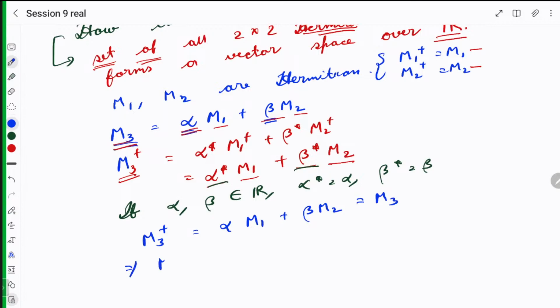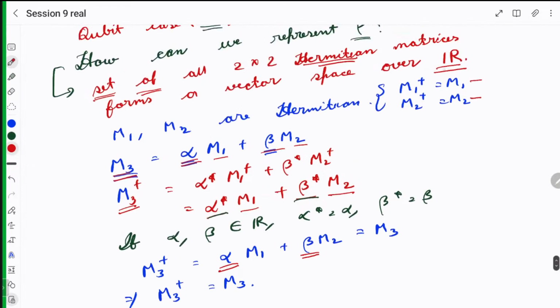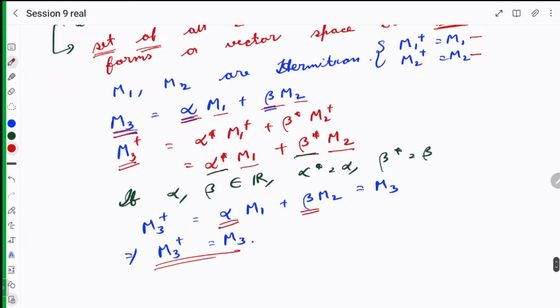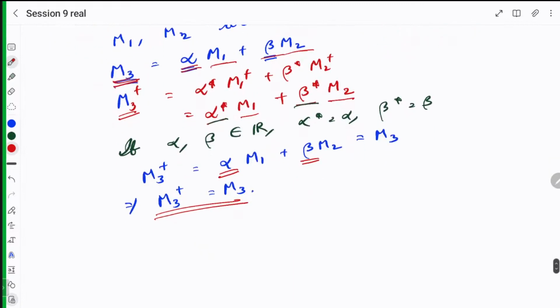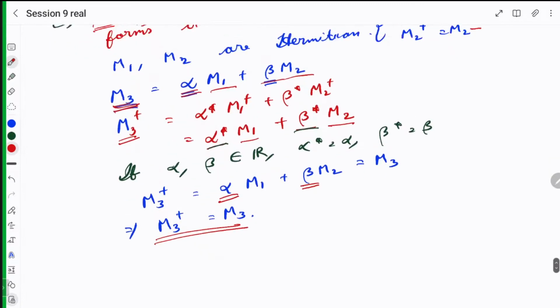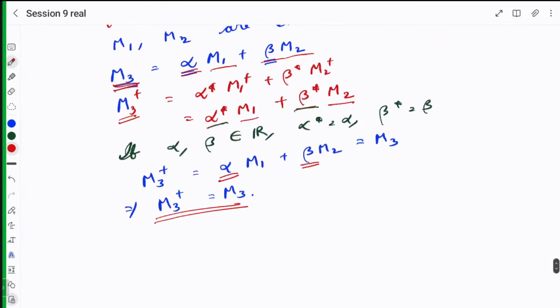So we have M3 dagger equal to M3. That means if the scalars multiplying them are real, and the scalars come from the field of real numbers, then this linear combination of M1 and M2 will be closed. So the vector space would be closed under multiplication and addition, or under linear combination.